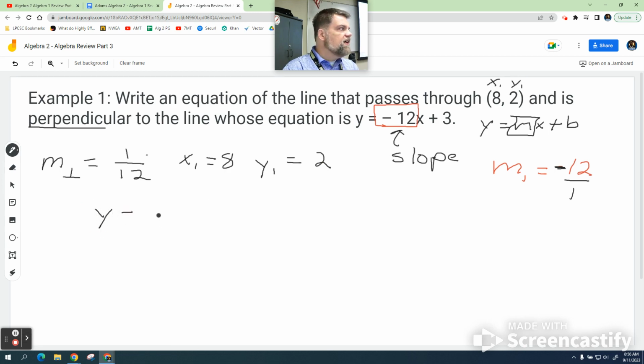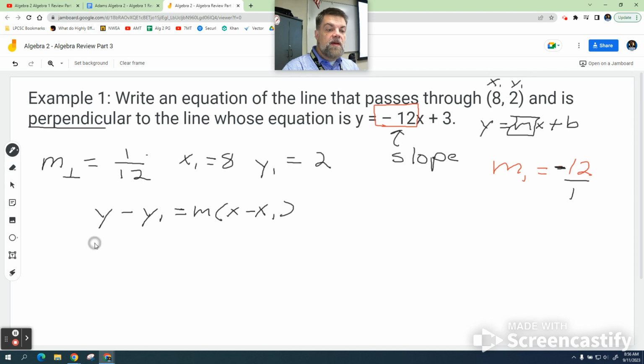What is it? y minus y1, good, equals m times what? x minus x1, right? So all that, making you guys write everything down and continuing to write it down is going to make this really easy for you come test time. That's why it's so important that you write it down, okay?